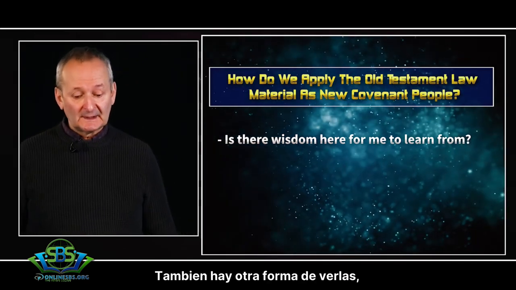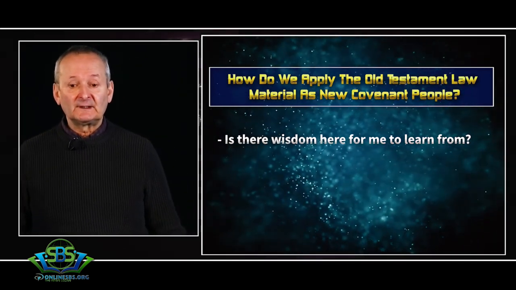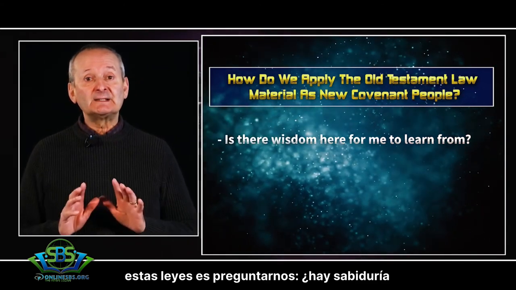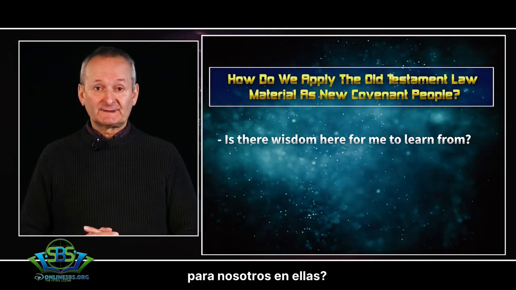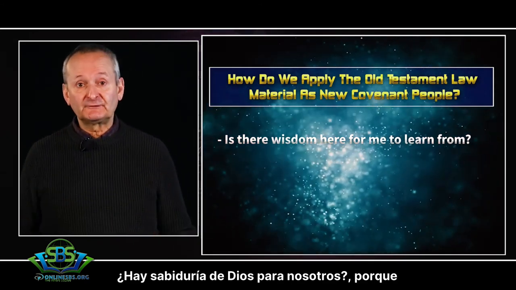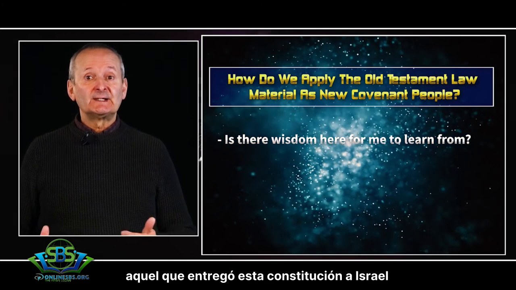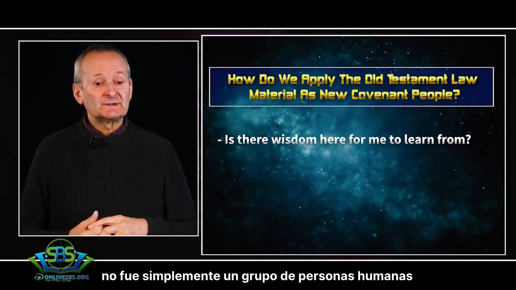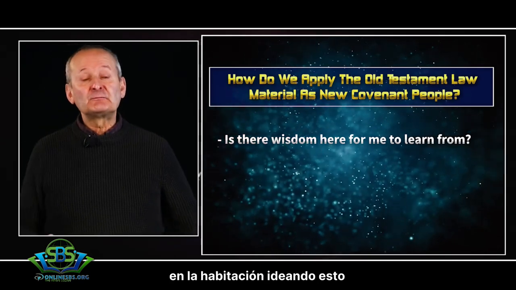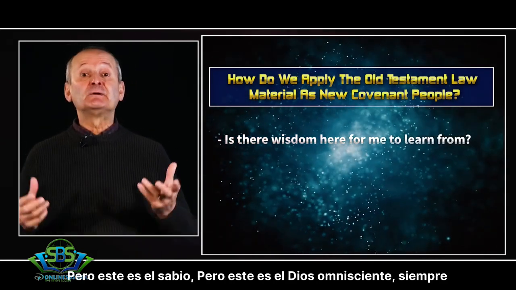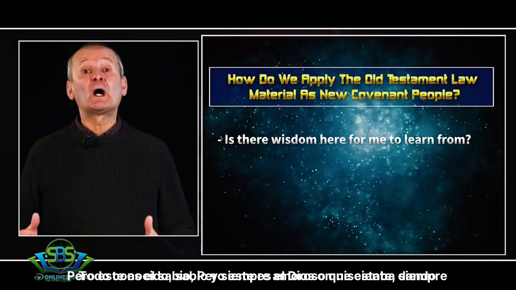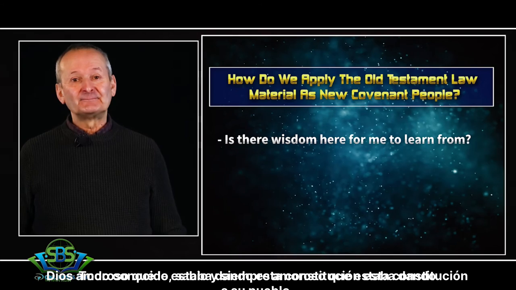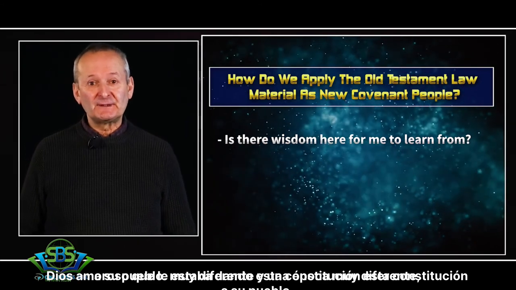But there's also another way we can reflect on these laws. And that is, is there wisdom for us? Is there wisdom of God for us? Because the one who gave this constitution to Israel wasn't just a group of human people in the room figuring this out, but this is the all-wise, all-knowing, all-loving God that was giving this constitution to his people.